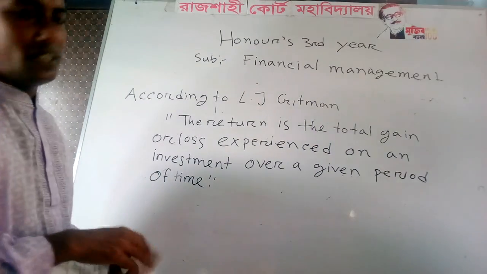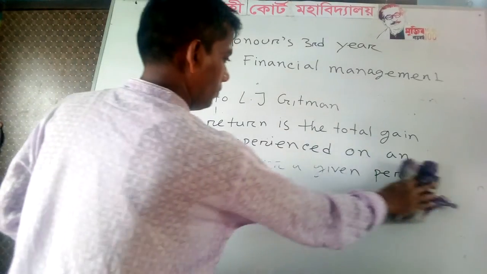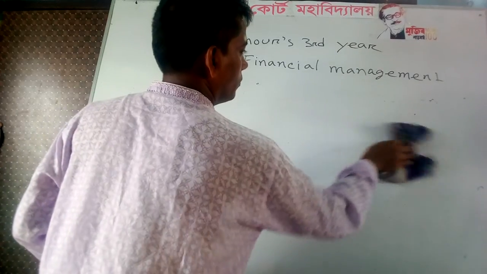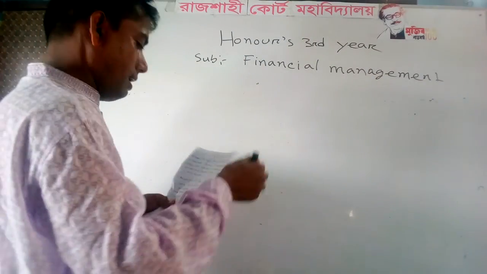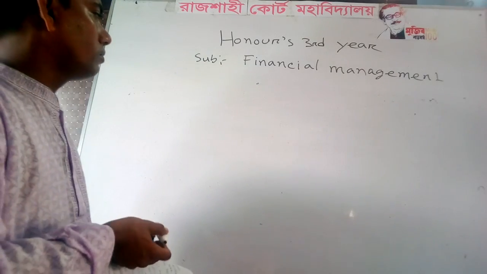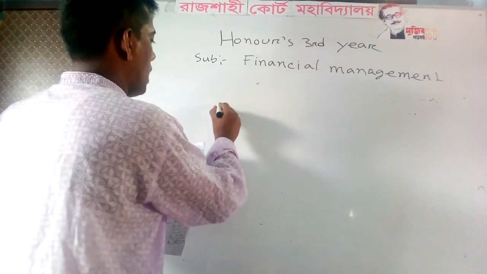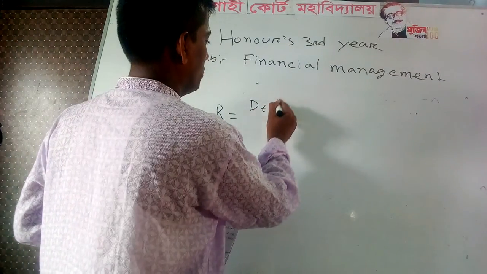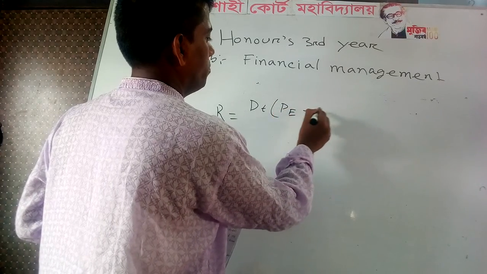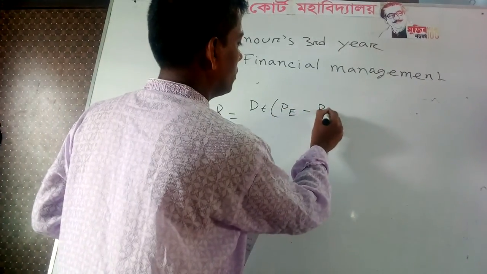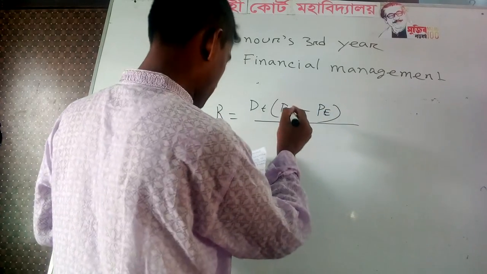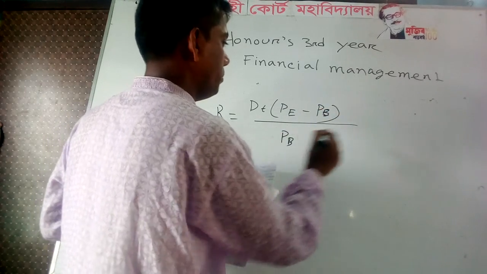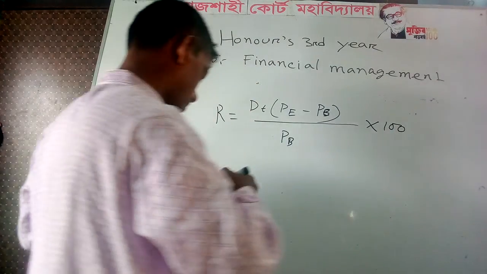What is the formula of the return? Return formula: R equals Dt plus PE minus PB divided by PB into 100.